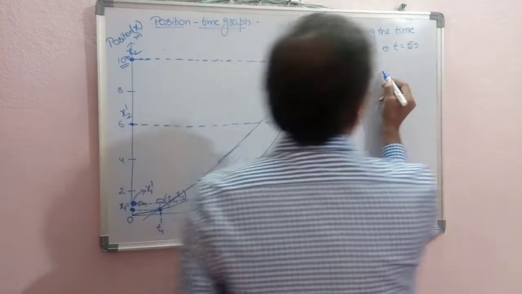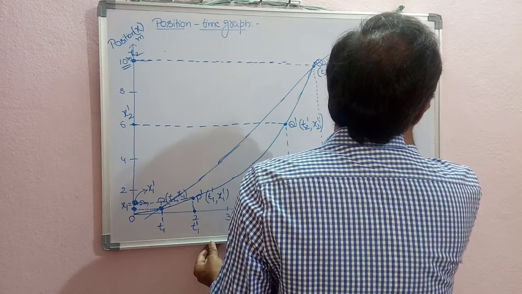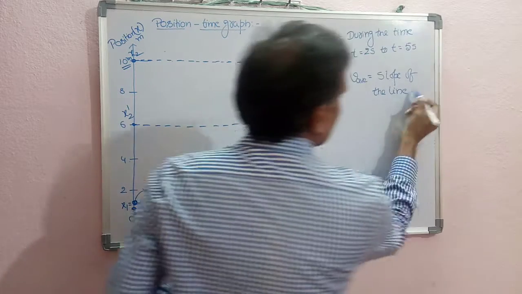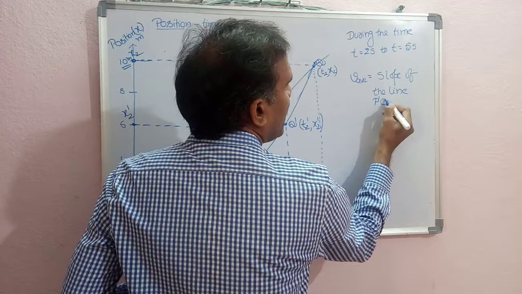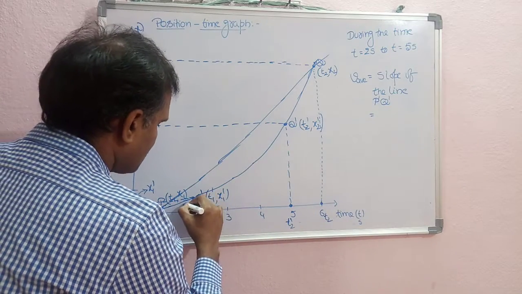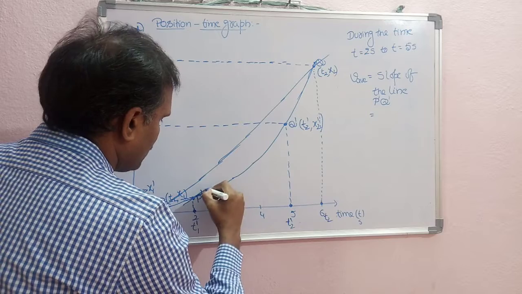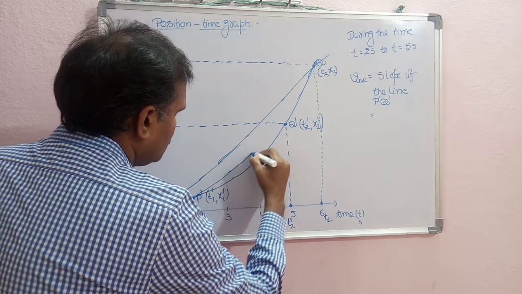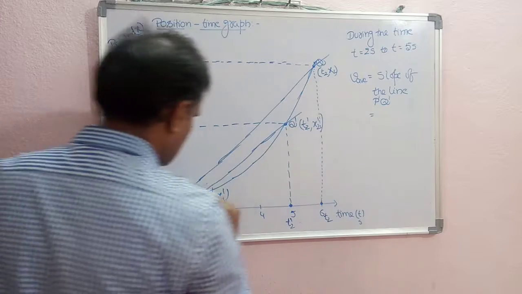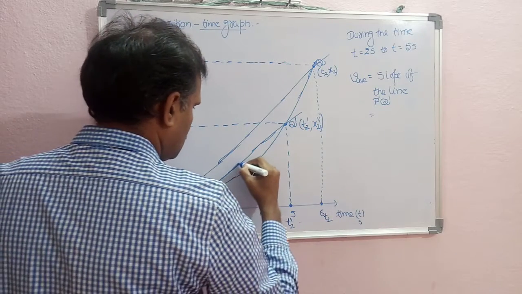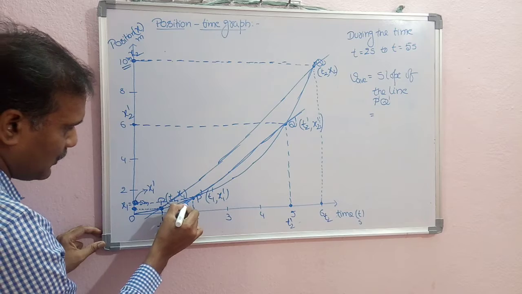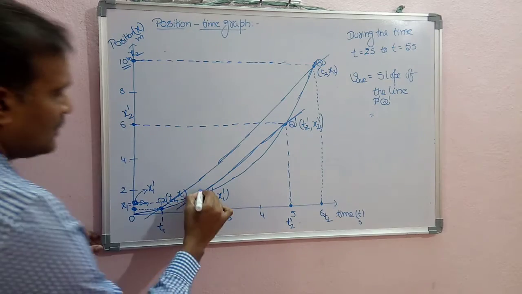That is, we want to calculate the slope of the line P dash Q dash. Now you can draw a straight line corresponding to these 2 points, P dash and Q dash.